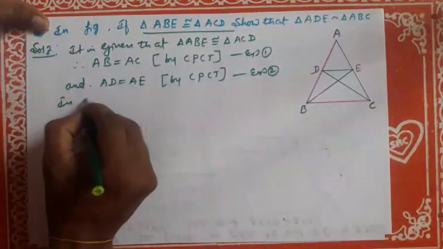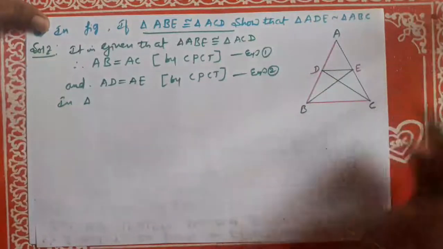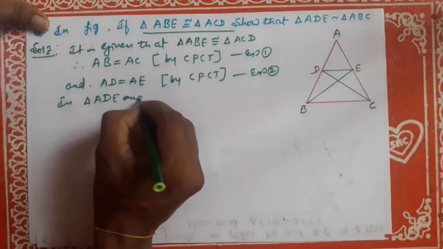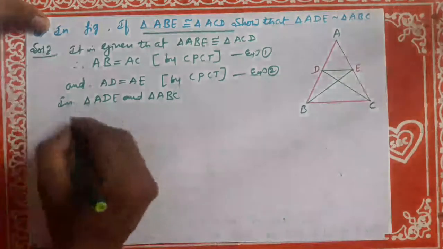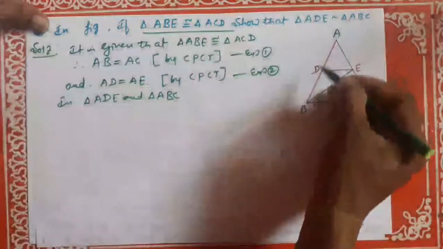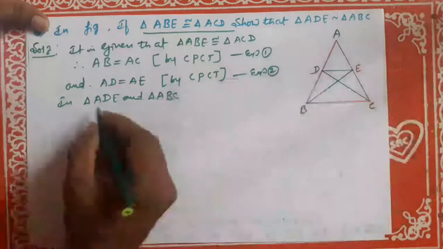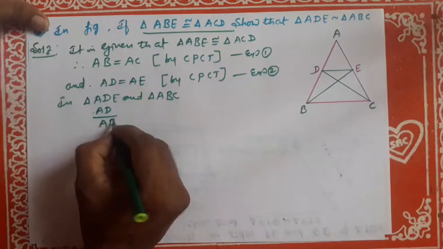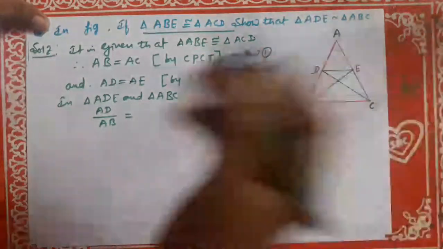In triangle ADE and triangle ABC, AD by AB is equal to AE by AC.